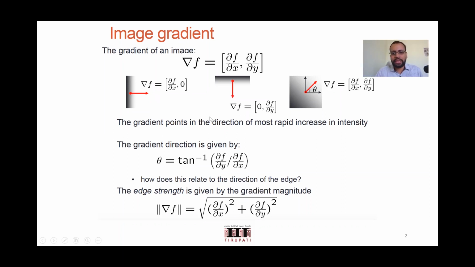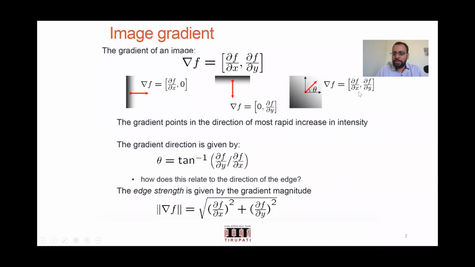Of course, this is a simplified version where we considered intensity variations along the horizontal axis, and this is another simplified case where the intensity variations are along the vertical axis. But nevertheless, you could combine both, and you would still find that the gradient you compute is perpendicular to the edge.